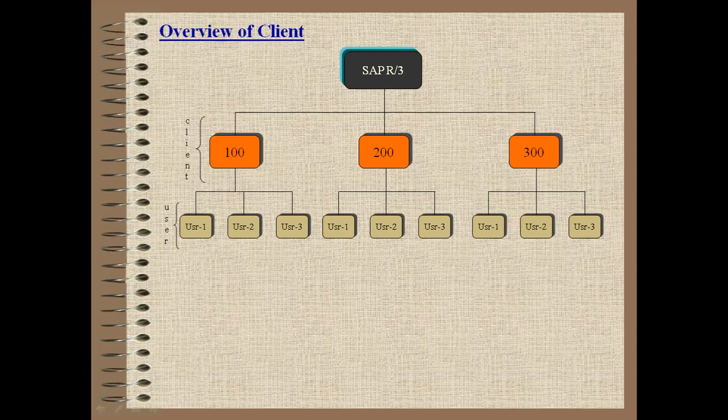So I have given 100 for a development client, 200 for quality and 300 for production client. A client is basically in a physical SAP system; there can be multiple clients in each system of the SAP system landscape. So every client has its own user data.